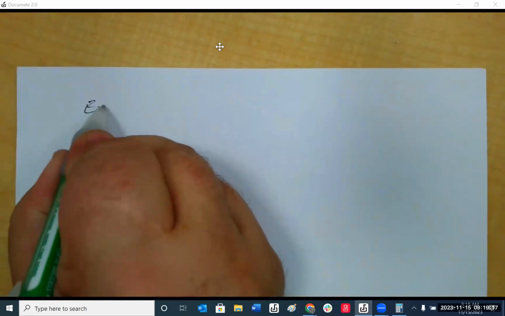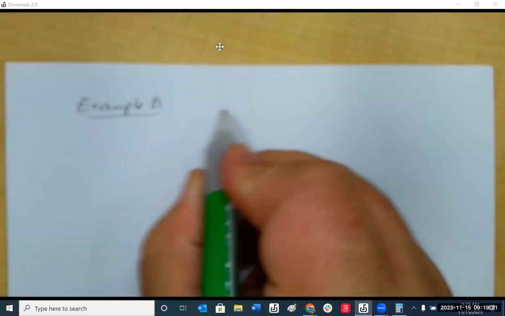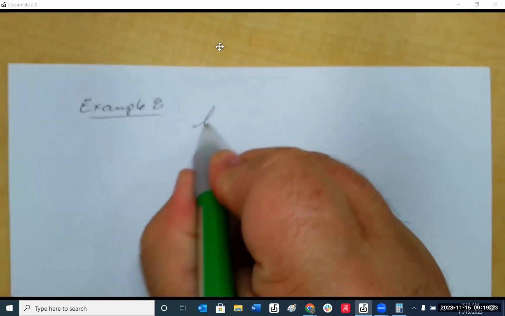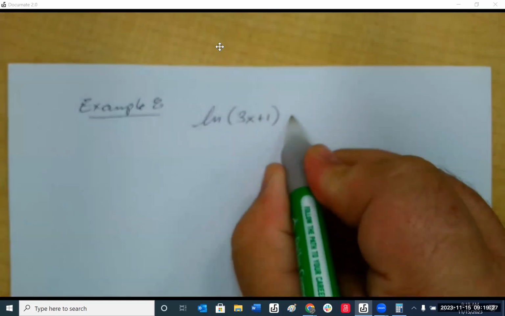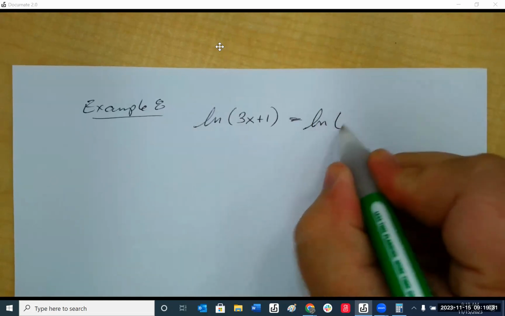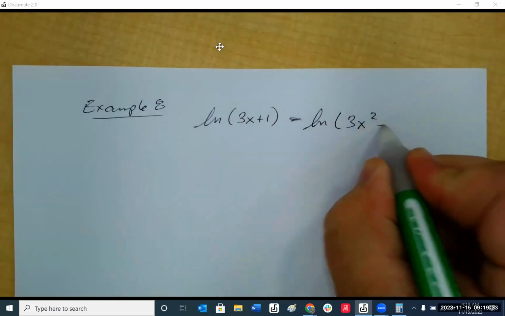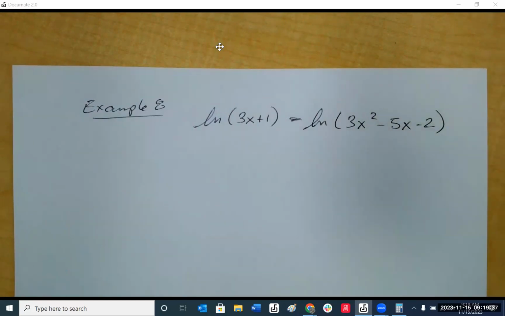Let's combine some of the stuff we've done during the semester. Example 8. Express as a single logarithm.